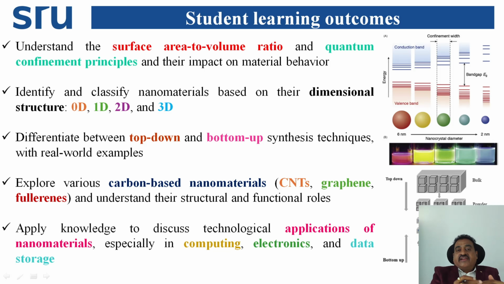So, by understanding the surface area to volume ratio and quantum confinement effects and their impact on material behavior, we can easily understand the behavior and properties of nanomaterials. After that, we can identify and classify nanomaterials based on their dimensions: zero dimensional, one dimensional, two dimensional, and three dimensional.